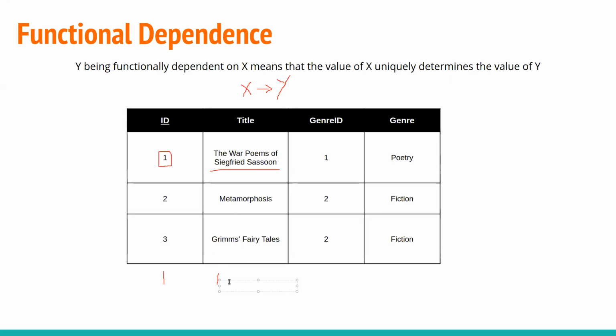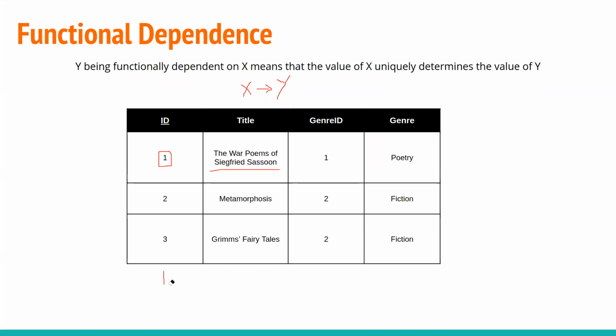Let's say there was a 1 with the War Poems of Siegfried Sassoon, and there was a 1 with Alice. So you can see now that the ID of 1 is specifying two different titles, and in that scenario, it wouldn't be functionally dependent.